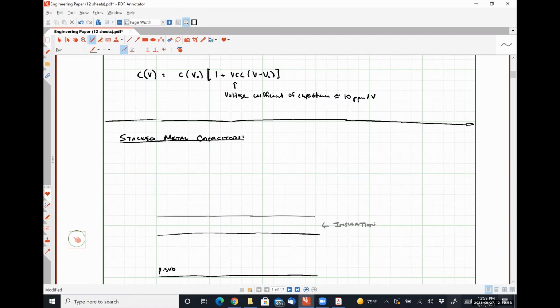And then on top of that, we have our region where metal 1 hangs out. So let's say that we put a region of metal 1 here, like so.